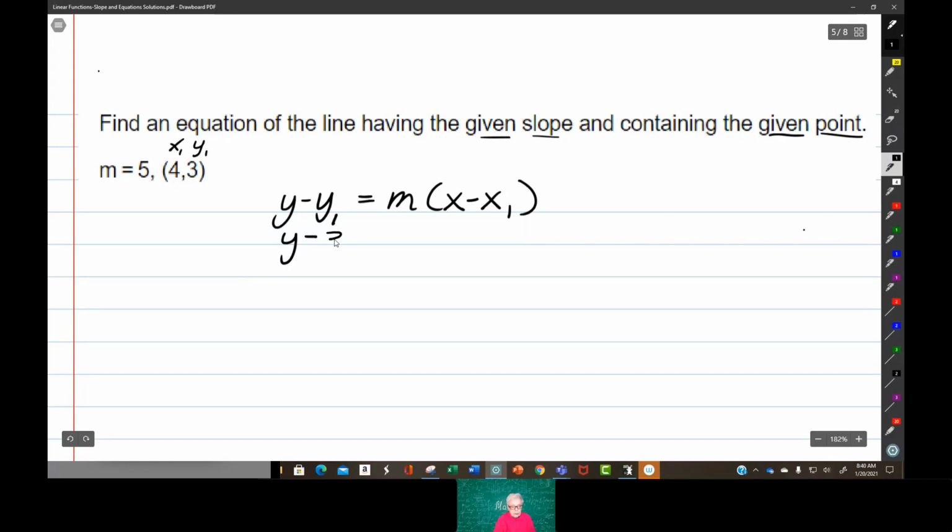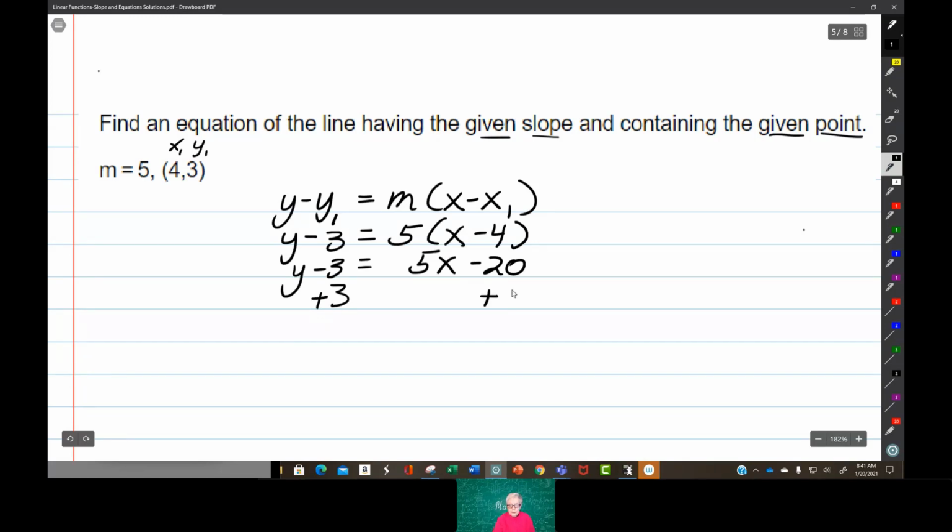Y minus 3 equals 5 times x minus 4. And now we just work out what that is. Y minus 3 equals 5x minus 20. There sure are a lot of minus 20s in this problem.